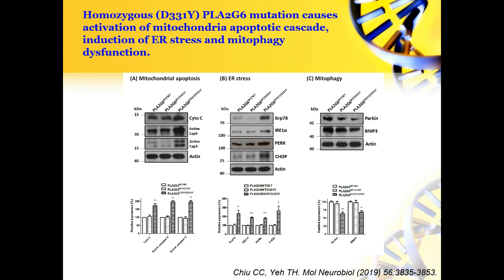Immunoblotting analysis showed that protein expression of Parkin or BNIP3 was significantly downregulated in the substantia nigra of Parkin D331Y homozygous knock-in mice. These findings indicate that homozygous D331Y Parkin mutation causes activation of the mitochondrial apoptotic cascade, induction of ER stress, and mitophagy dysfunction.